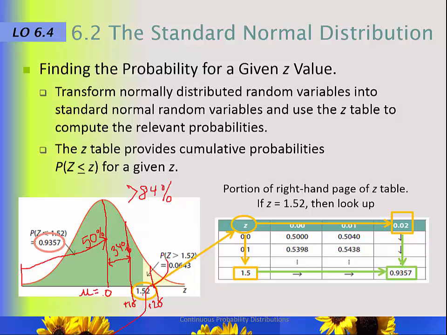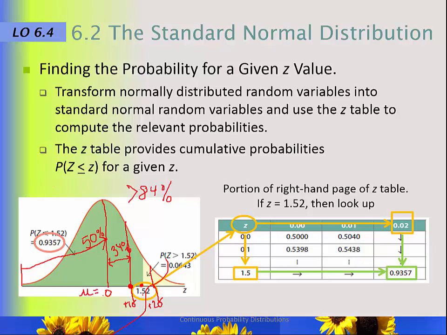But what we do now is go take a look at our z-chart, and that's going to tell us exactly where this percentage right here, the distance between this dot and this dot, actually measures in terms of the normal distribution. So if we go look up 1.5 on the left side of the chart and follow over to 0.2, we find this number 0.9357.